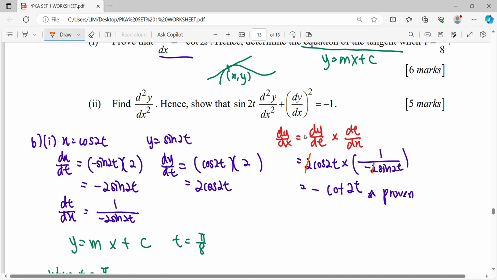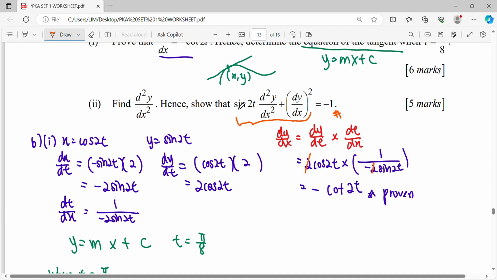How to use the substitution method means we start from the left hand side. We substitute the second derivative and first derivative, and we simplify all the operations inside here so that you can get until the answer of -1.